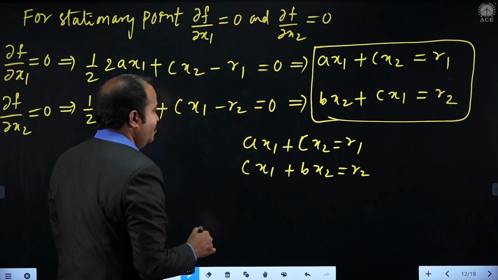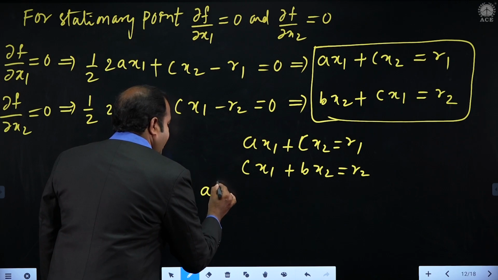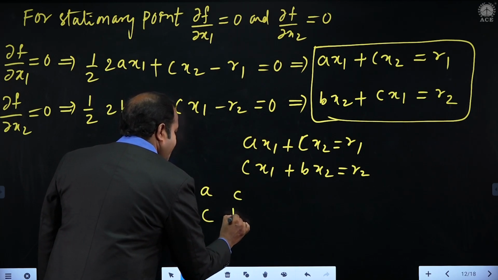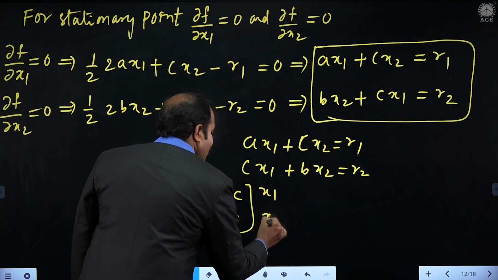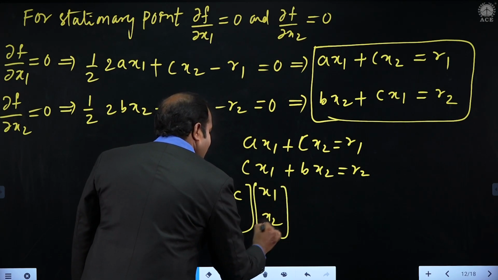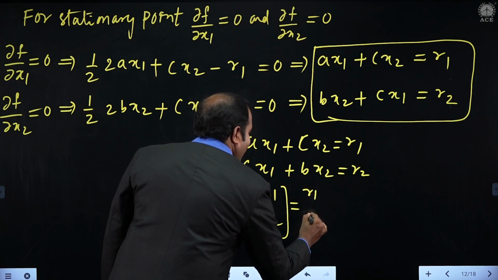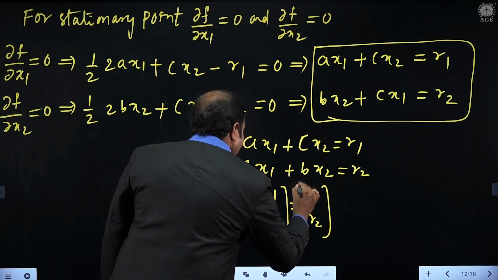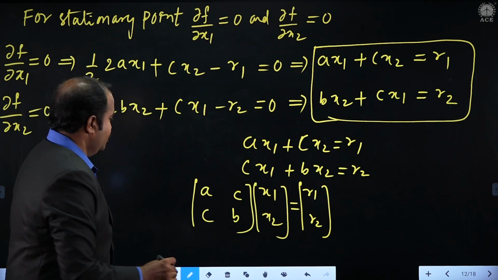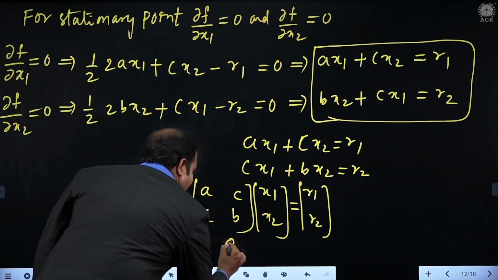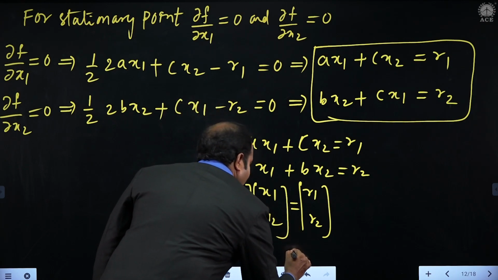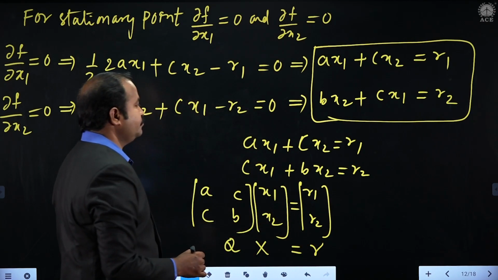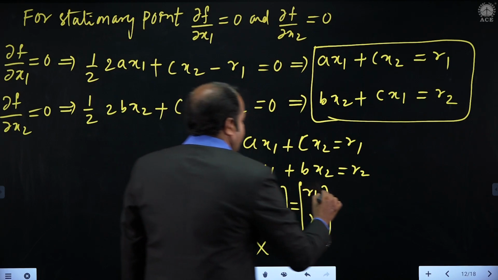So, what is the matrix form here? [A, C; C, B] into [x1, x2] is equal to [r1, r2] only. Am I clear? This is Q only, this is the x vector, this is the r vector. So, what is required?